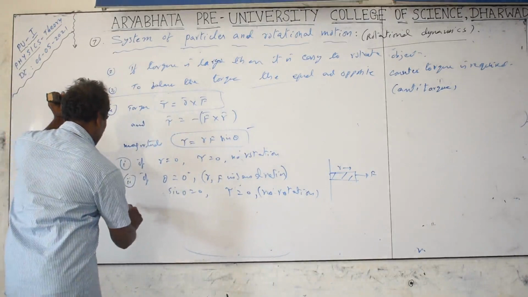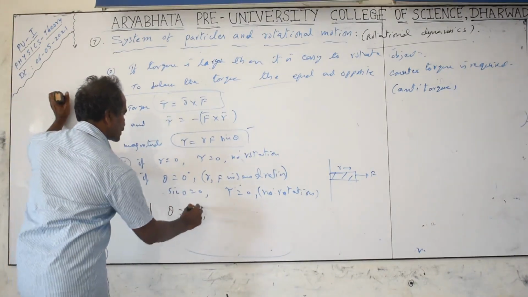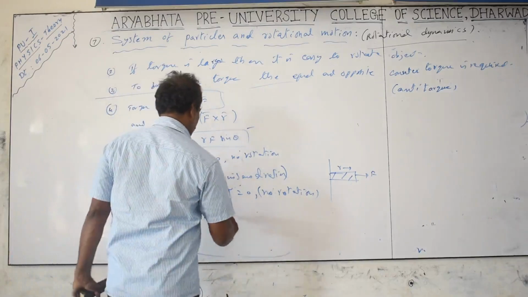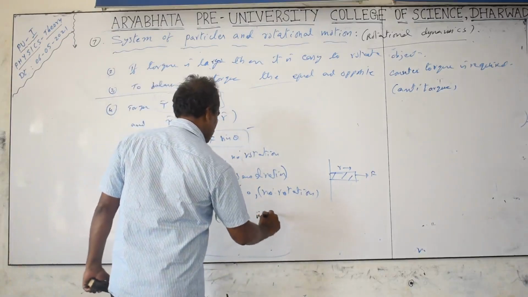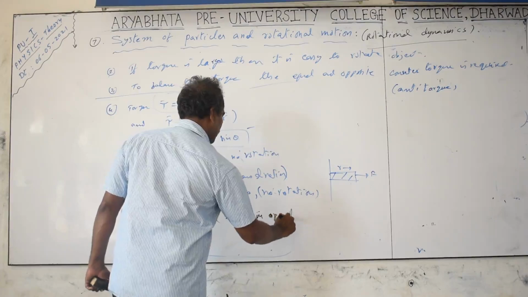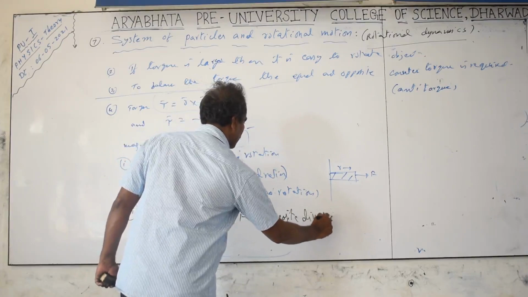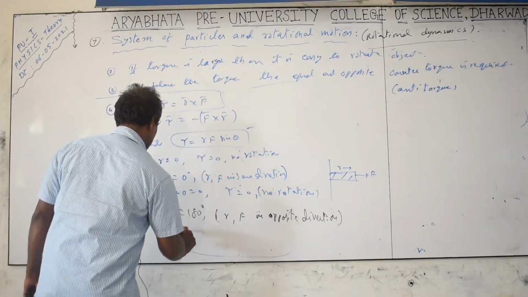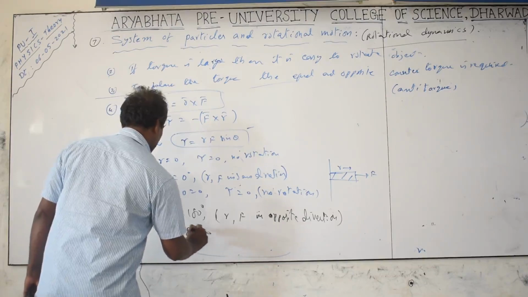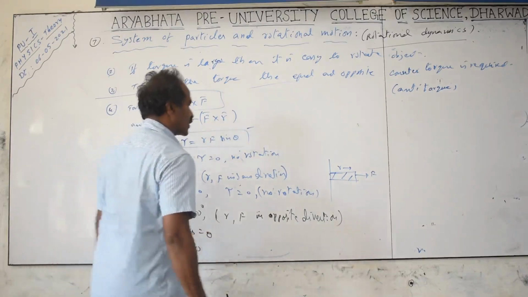Next, if theta is equal to 180 degrees, R is opposite to F, in opposite directions or anti-parallel, and sin 180 is equal to 0, so torque is also equal to 0.